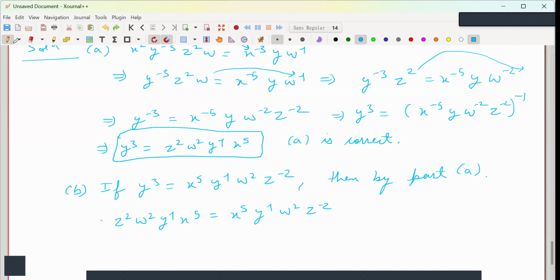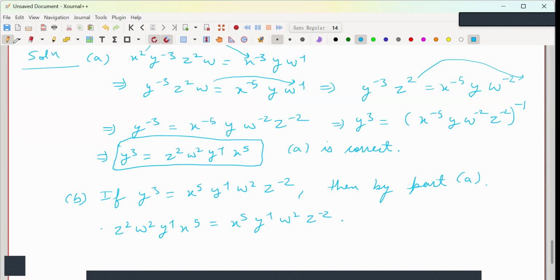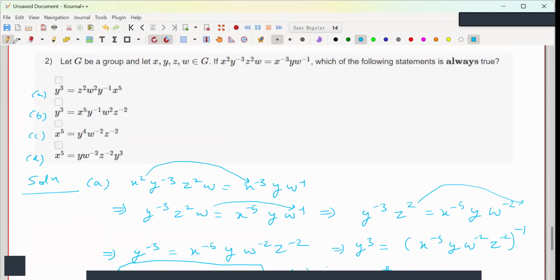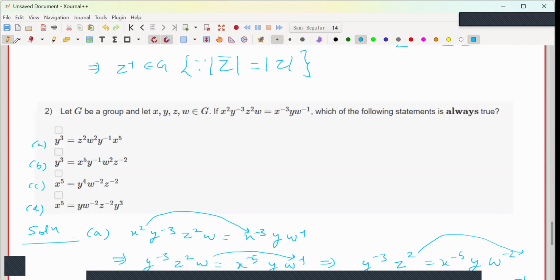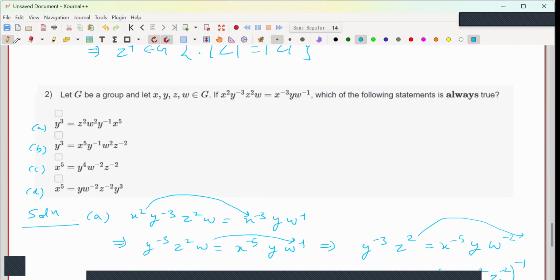Now, can you give me an example of a group and x, y, z, w such that this is not true, provided that this is true? Some non-abelian group might work. Okay, so take some non-abelian group.